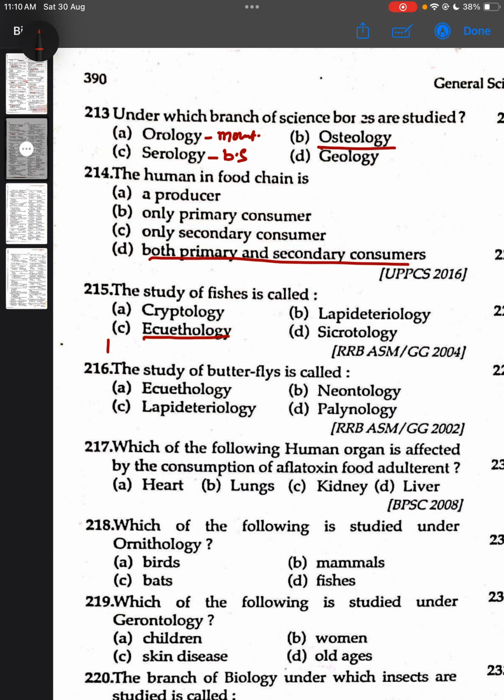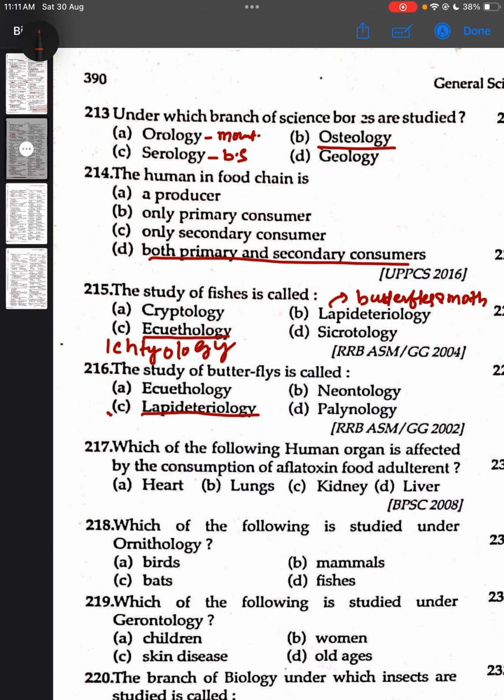Spelling here is wrong. It will be ichthyology. Cryptology is the study of codes, and lepidopterology is the study of butterflies and moths. The study of butterflies is called lepidopterology.